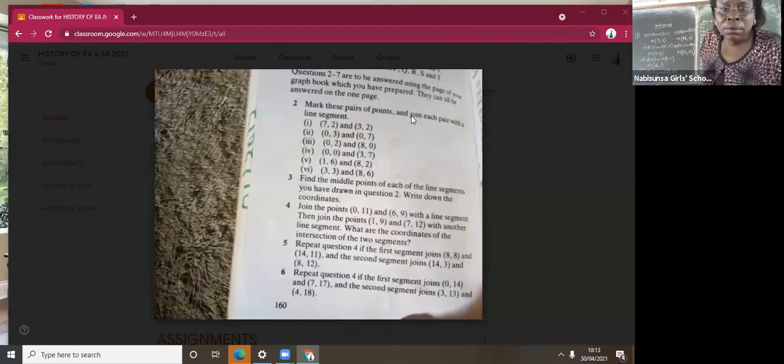Afoyomungu, can you give us the endpoints of the first segment? Okay, Josephine, can you give us the endpoints? You don't have the question. Aswa, are you there? Yes, teacher. Can you give us the endpoints of the first line segment?